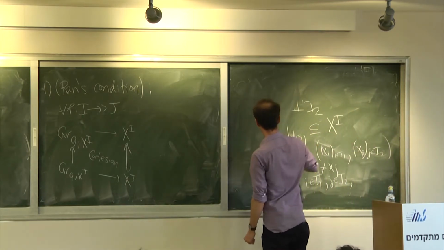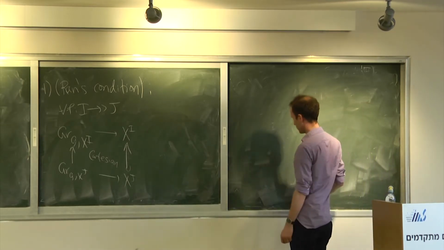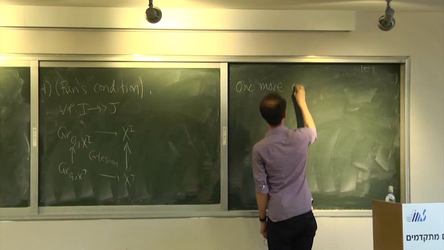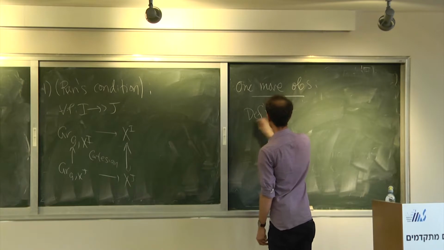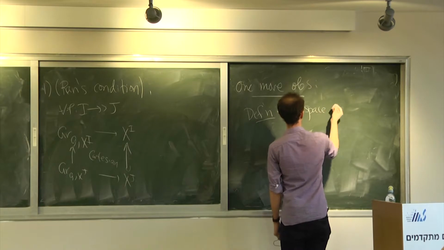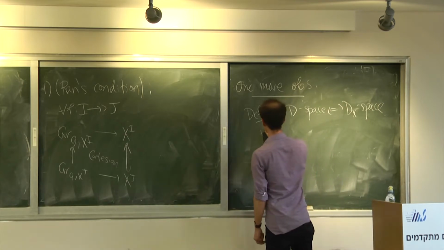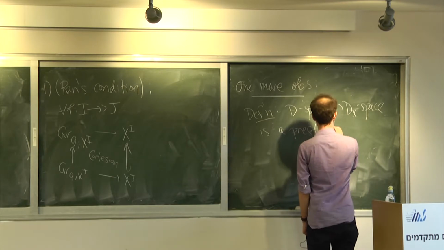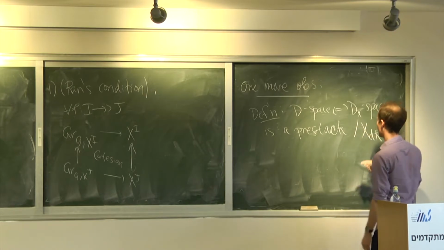OK, so there's one more observation. A quick definition is that a D space, or equivalently D_X space, is a prestack over x de Rham.